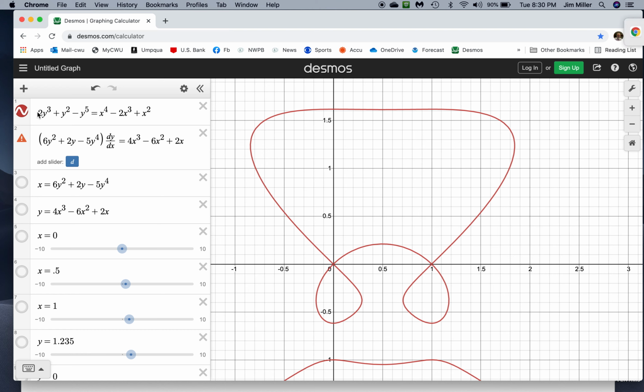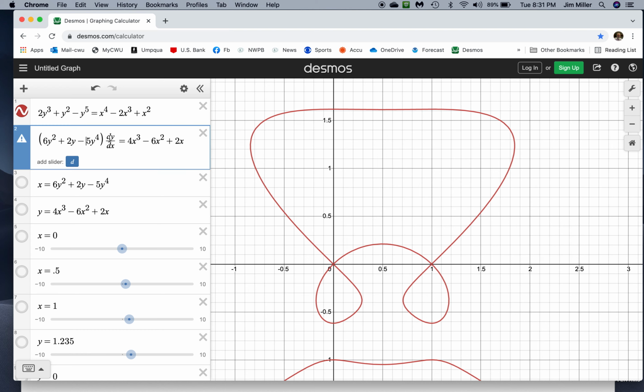Well, if I take the derivative of this side, which I already have done, each one of those will have a dy/dx. So I wrote the derivative of this: 2y to the third derivative is 6y squared, derivative of y squared is 2y, and the derivative of y to the fifth is 5y to the fourth.